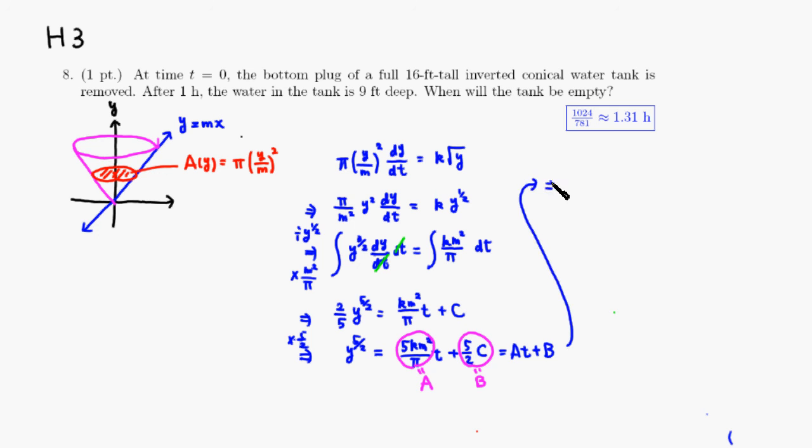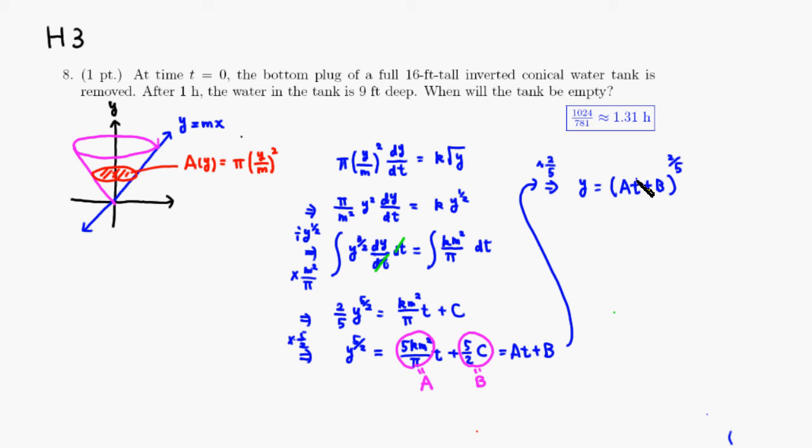That way y is isolated. Then you have (A t plus B) raised to the 2/5.